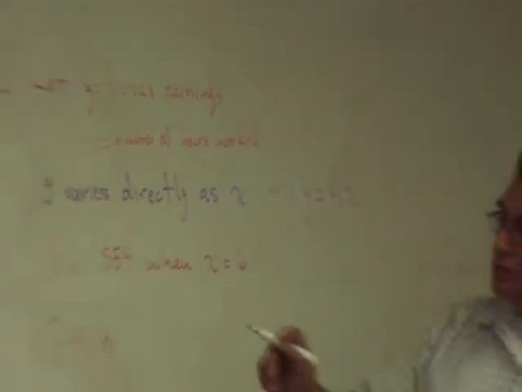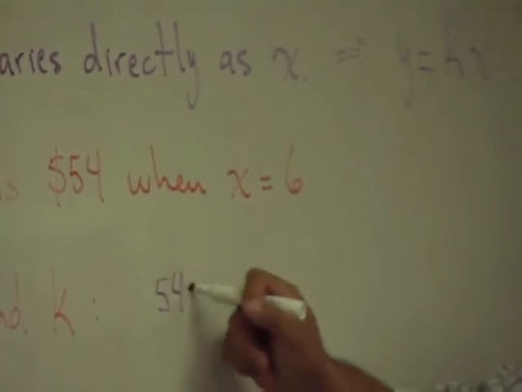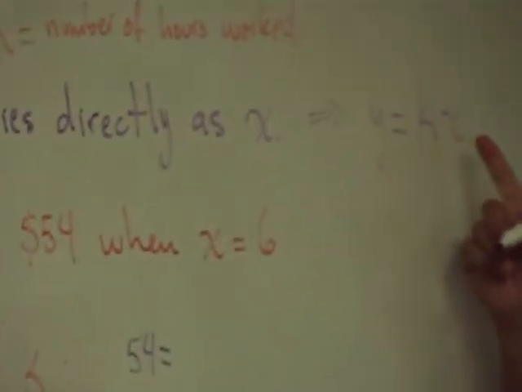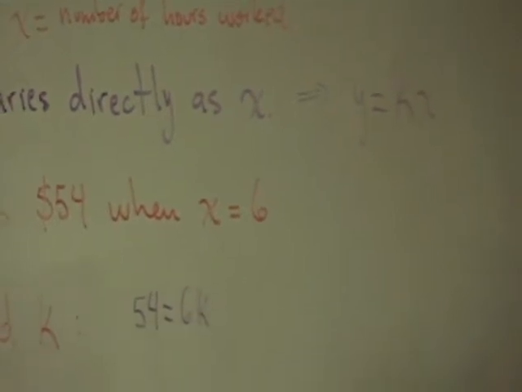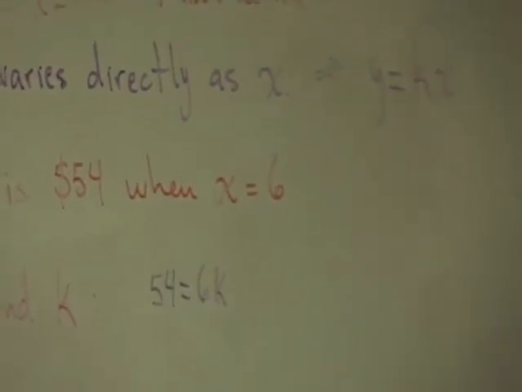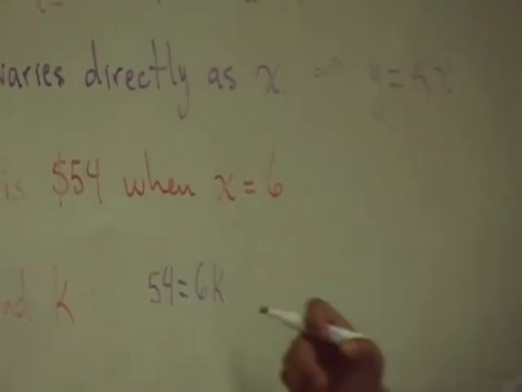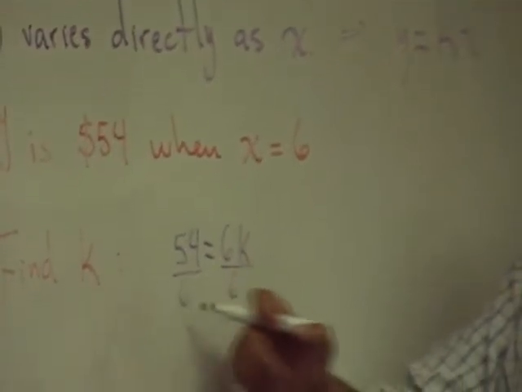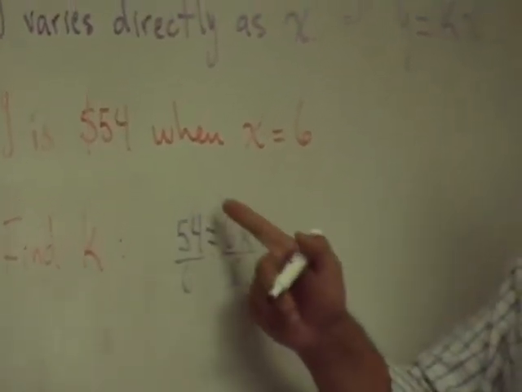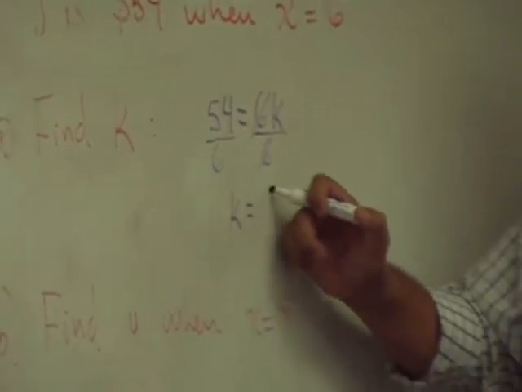So here's the equation to find k: 54 is equal to k times 6, which we would write as 6k. Does that make sense? When this person worked 6 hours, he made $54. How do I solve for k? I divide by 6. And 54 divided by 6? 9.